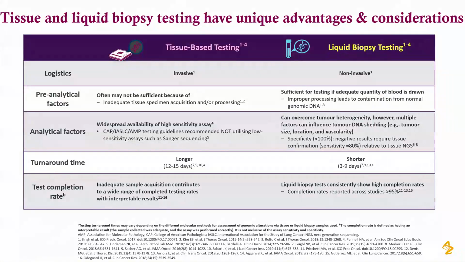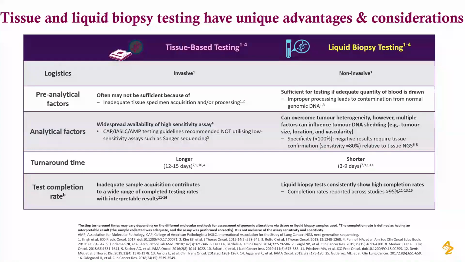Each one, the tissue biopsy and liquid biopsy, has its own advantages and disadvantages. The advantage of tissue biopsy is that we can assess the histological classification as squamous or non-squamous, and we can go for PD-L1 testing. The sensitivity is somewhat higher in case of tissue biopsy, whereas liquid biopsy, as I told, is used whenever the tissue sample is inadequate and we cannot access it or perform the test, for shorter turnaround time, and we can get a larger number of markers.